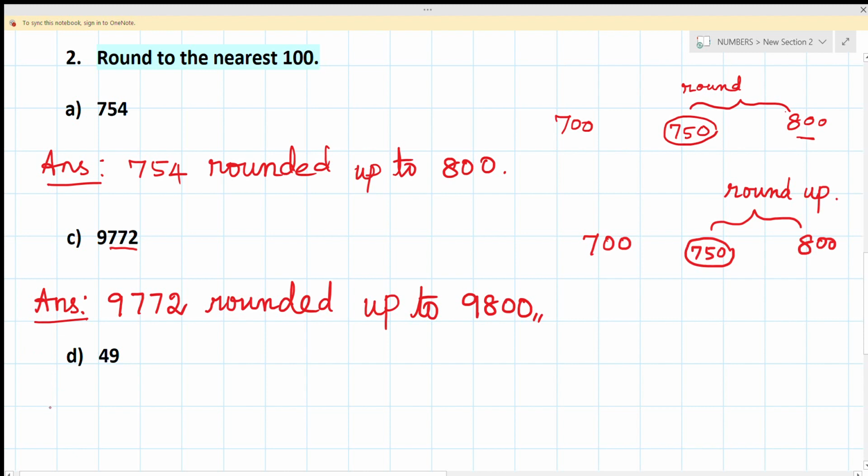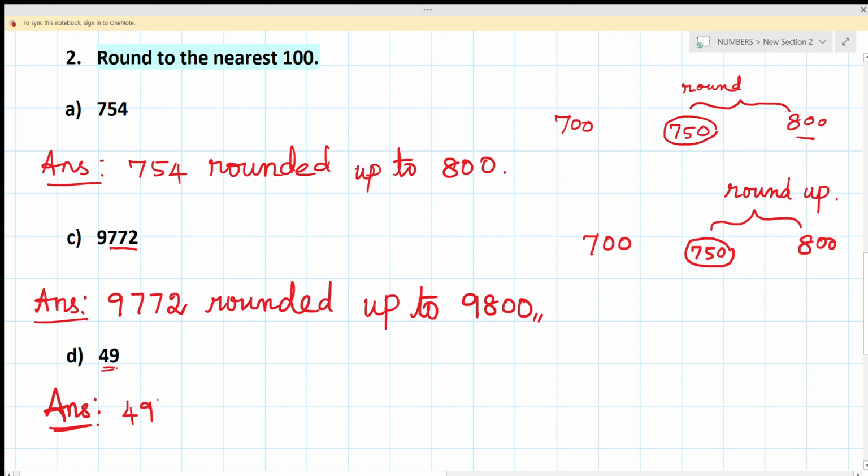Look at the next example. 49 is given. If you want to change a given number to the nearest 100, at least we need 3 digits. If we have 3 digits, we can change the number to the nearest 100. But here only 2 digits are given, that is 49. So here we can't change to the nearest 100.